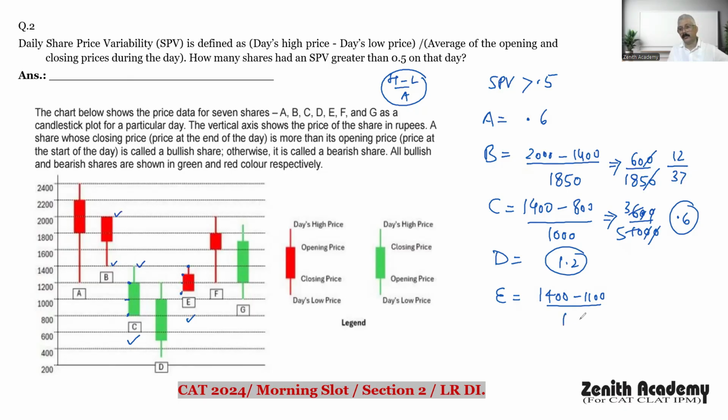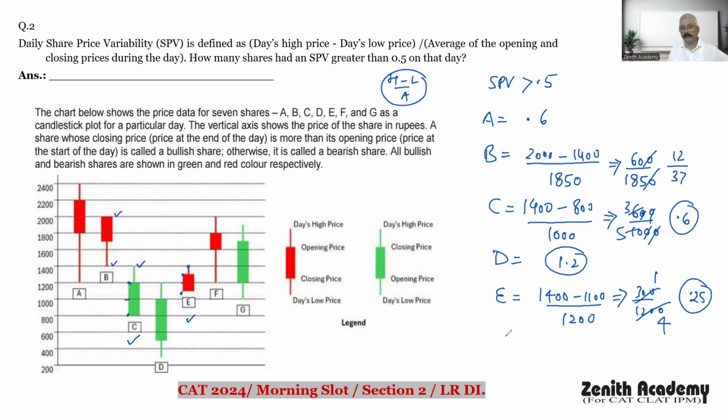The average is 1200. So this is 300 by 1200, which is 1 by 4, meaning 0.25.